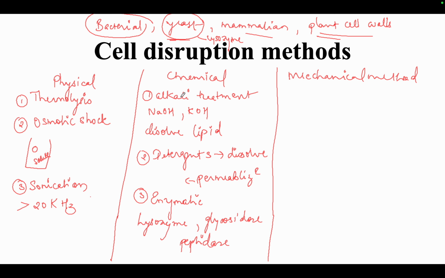So first we need to do enzymatic lysis with lysozyme, glycosidase or peptidase, and then if the cell wall is broken up, we can digest the plasma membrane by doing osmolysis. We give osmotic shock, and the plasma membrane will break open.